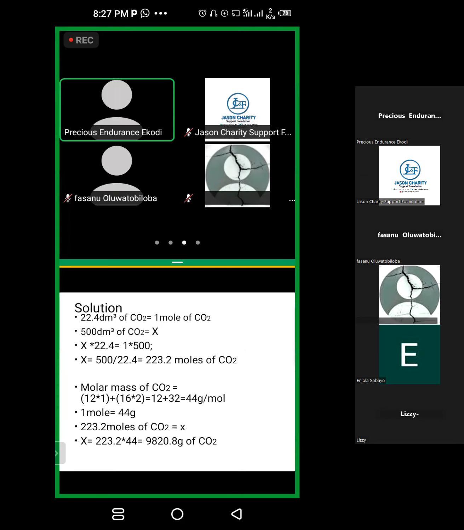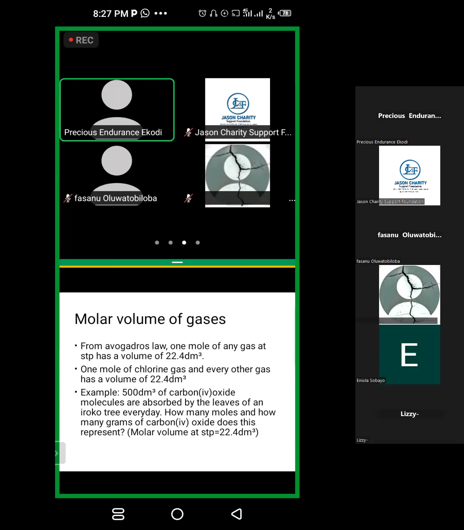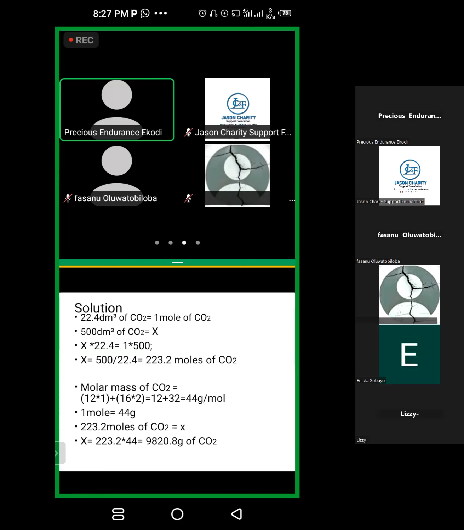To find the number of moles, first of all, we have 22.4 dm cube, which is a constant, of CO2 is equal to 1 mole of CO2. That is, we have already said earlier that 1 mole of every gas contains 22.4 dm cube.